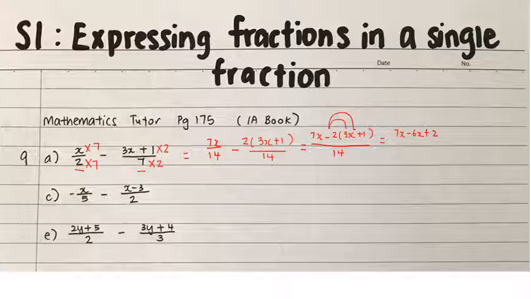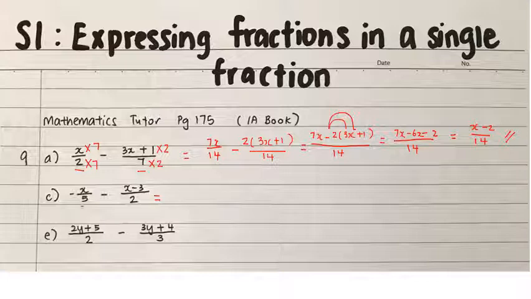Oh, sorry. Let me just erase. I made a mistake. This has to be negative 2. So over 14. And the last step, I just need to simplify my numerator. So I will get x minus 2 over 14. And that's my answer.